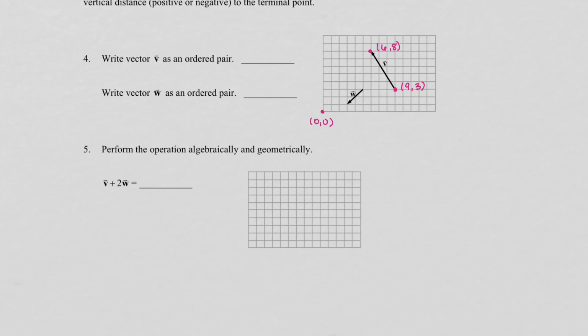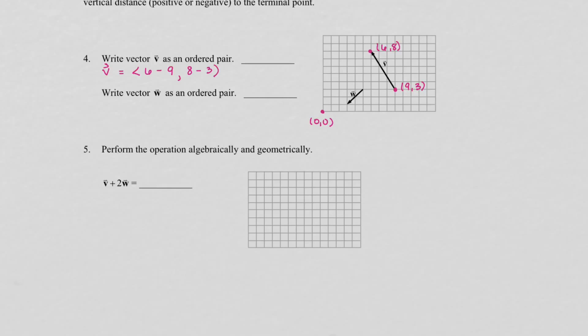If I want to write vector v as an ordered pair, which is in our component form, that is my terminal x value, my ending point, which is 6, minus my initial point, which is 9. And then I do the same thing with my y values, my terminal y value, which is 8, minus my initial y value, which is 3.